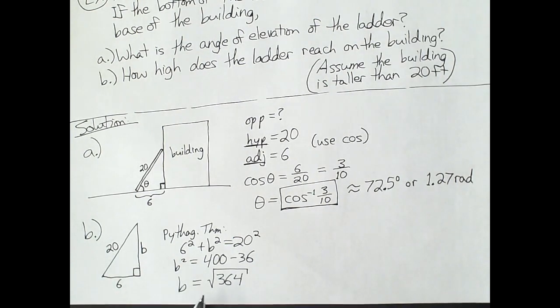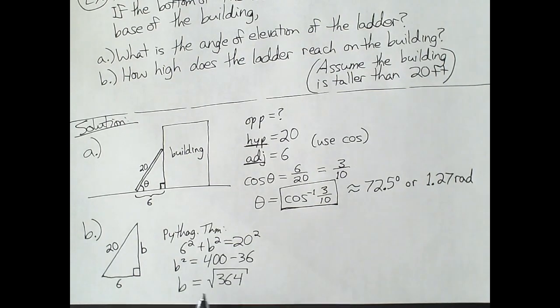Okay. Can we simplify this at all? Do I know any numbers that are the square root of 364, like something times itself is 364? No, I don't think so, but we might be able to simplify it anyway. I could tell that 364 is divisible by 2.